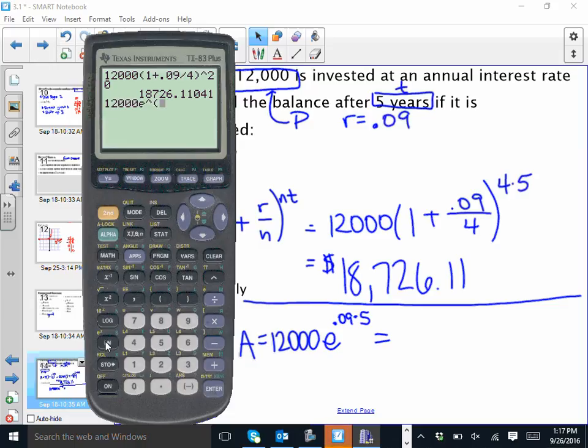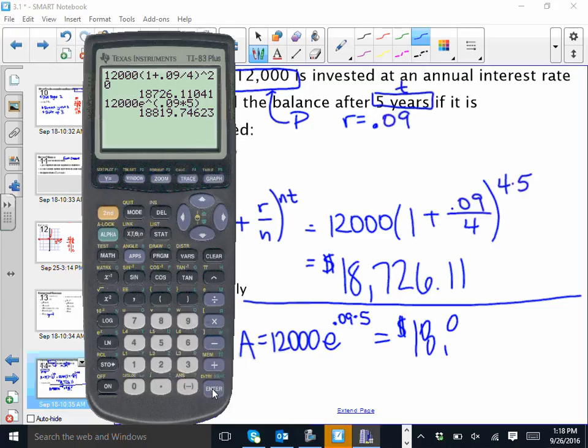Here's where your E button is, right here, second ln, right next to the 4. 0.09 times 5, notice how that's in parentheses for your exponent. Okay. So we should get $18,819.75.